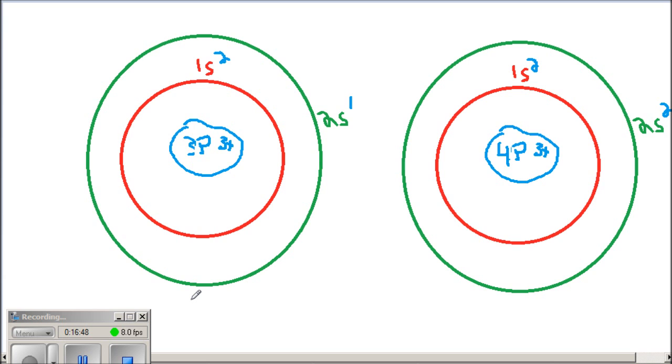If you are moving up and down, like if you're moving down a column or down a group of the periodic table, then the size gets bigger.